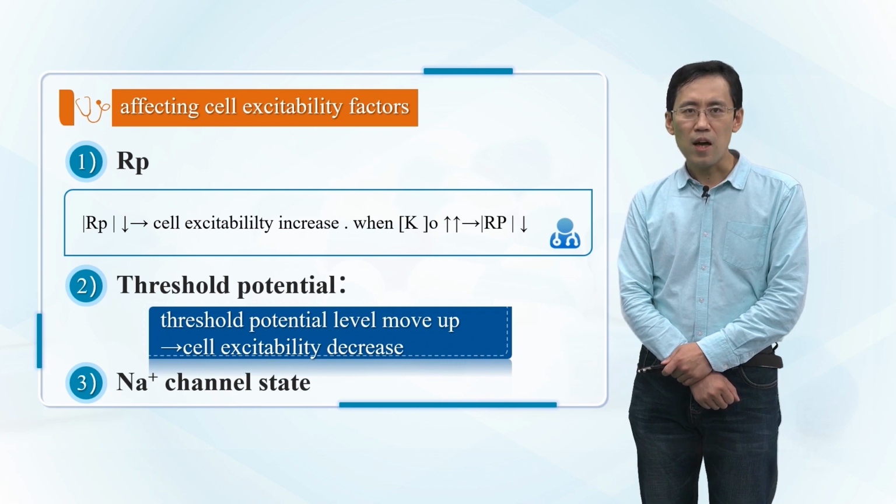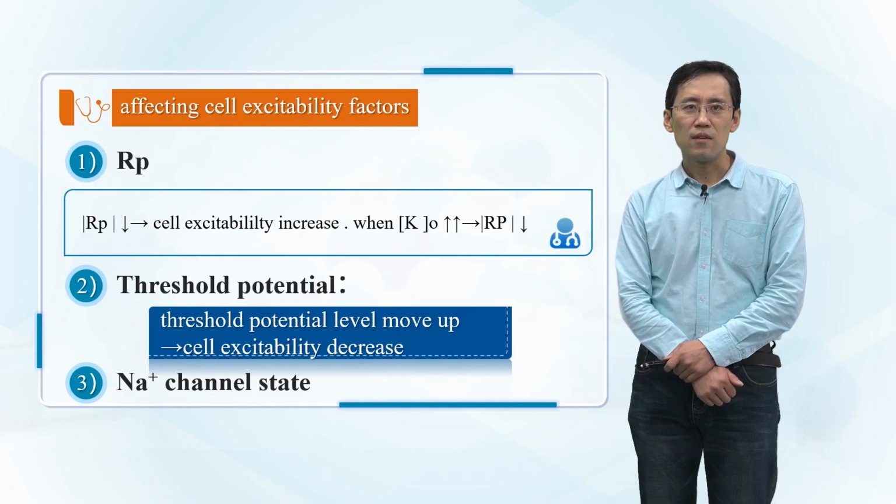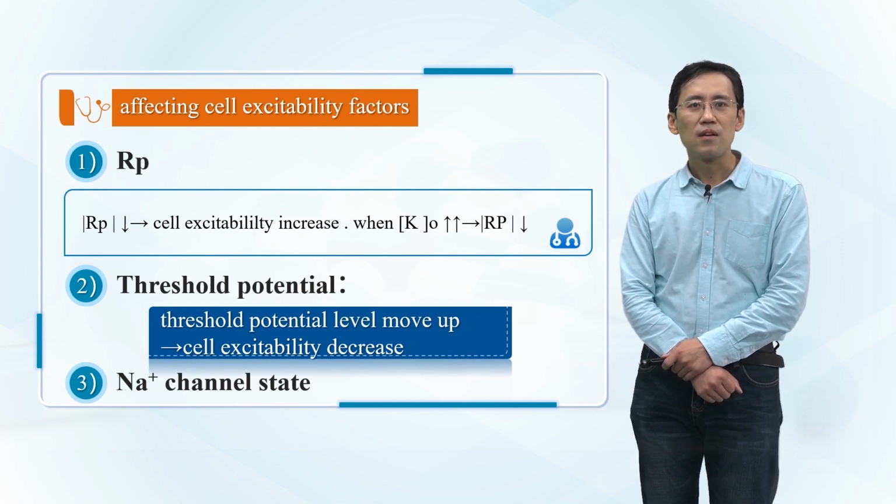When the absolute value of the resting potential decreases, for example when the extracellular potassium concentration increases, the difference between intracellular and extracellular potassium decreases. The potential will decrease and the cell excitability will increase.